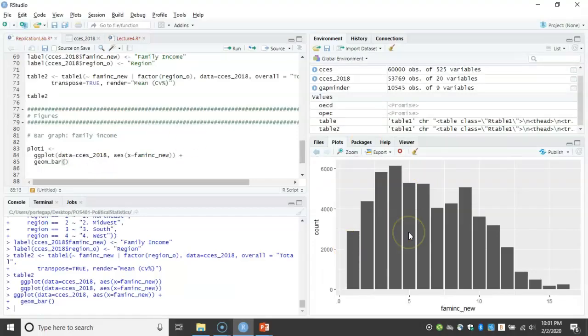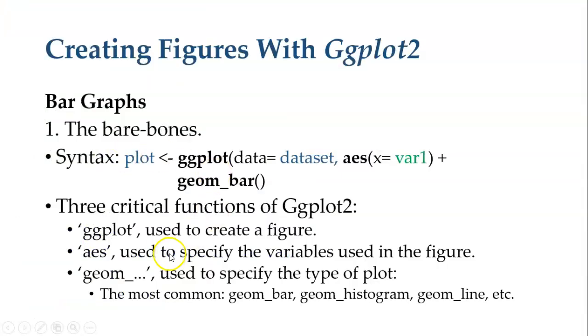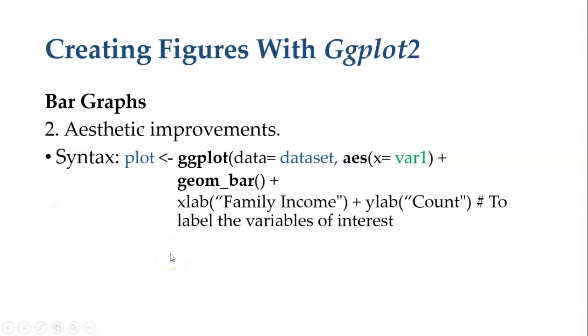Okay, so that's the thing. This is nice, right? But you don't have the correct name, so you can do some aesthetic improvements. The first one is to use this function called xlab and ylab.